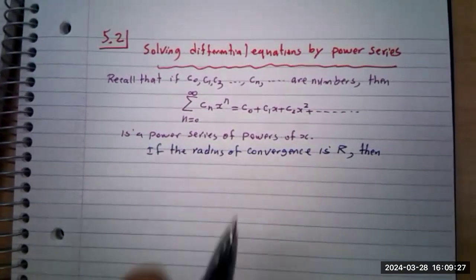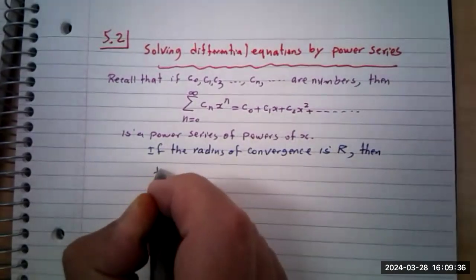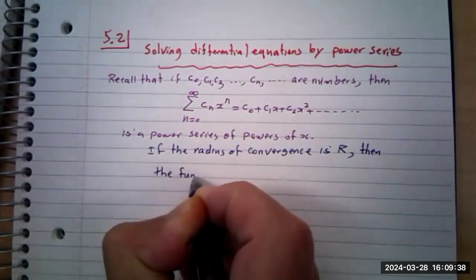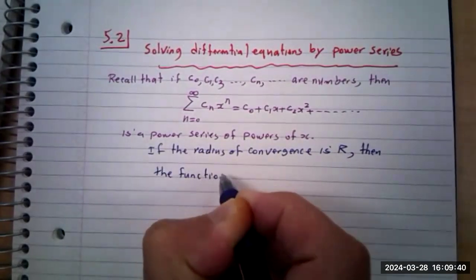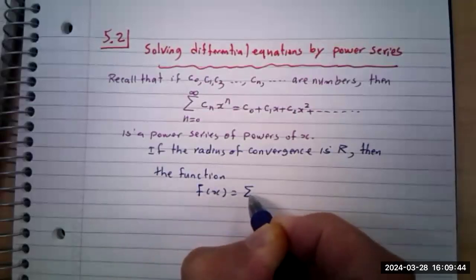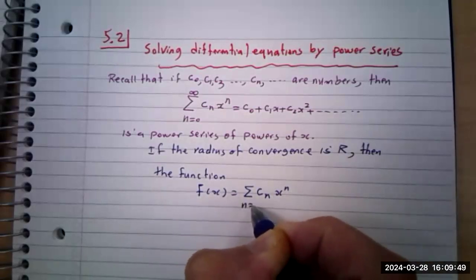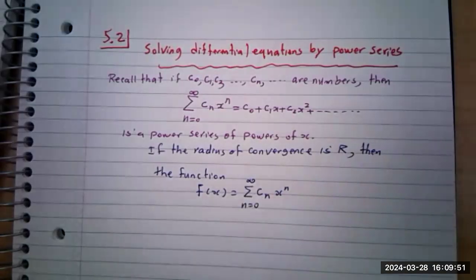And so if you drop one x over here, you get the convergent series. So we get a set of numbers. Those set of numbers introduce a function. Then we are going to have a function, f of x, that would be defined by this power series, sigma of Cn x to the n from 0 to infinity.